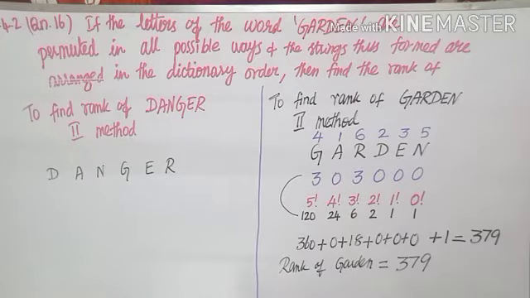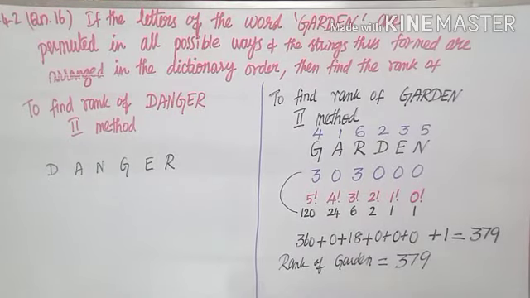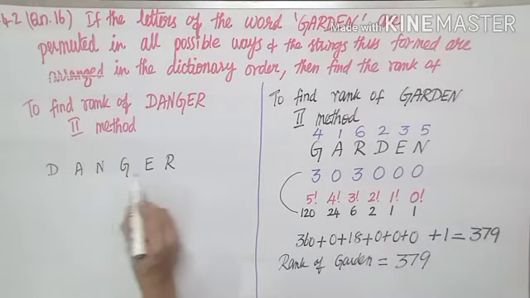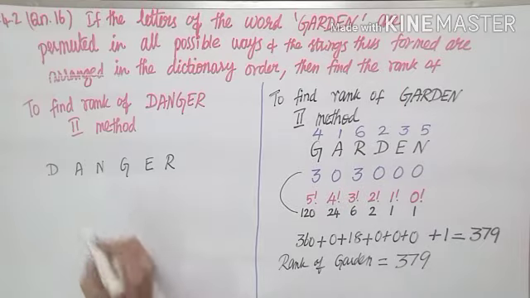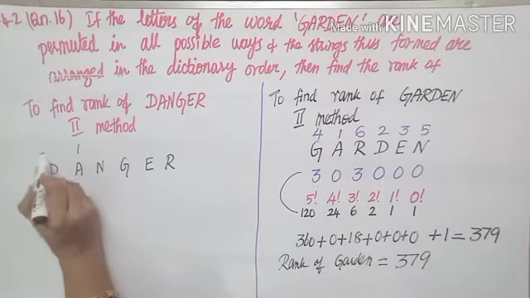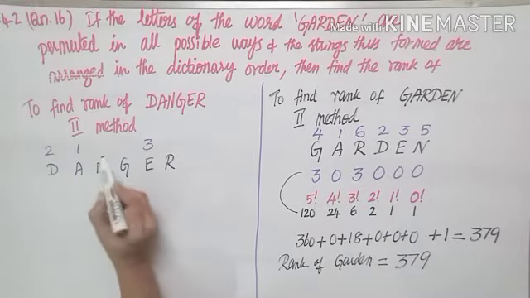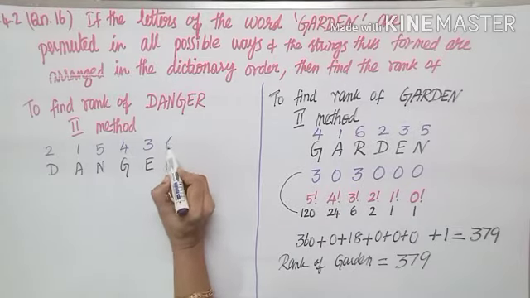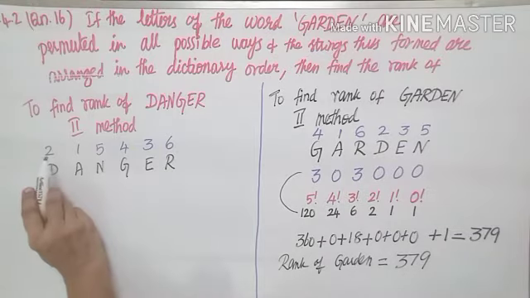To find the rank of danger using the second method. As we have written the word danger, let us put rank for each letter. A first, and then D, then E, G, N, R. So we have put the rank. The next step, below 2.